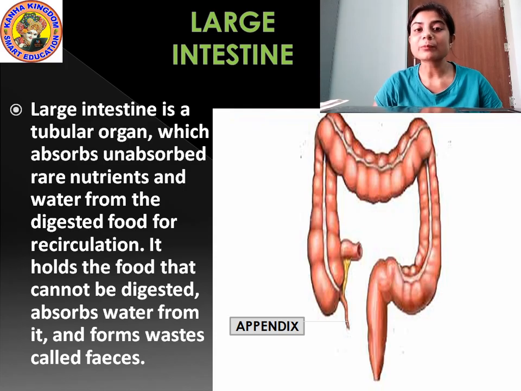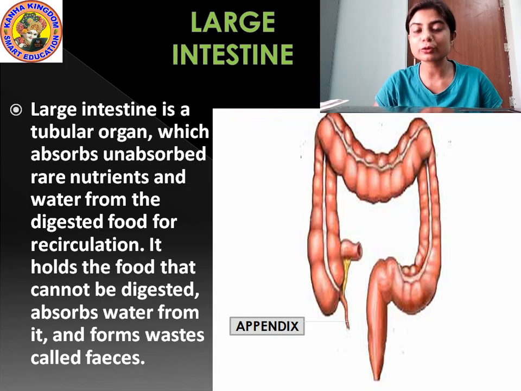From the small intestine, the part of the food that is digested and the nutrients that are absorbed are carried by the blood to the body. Yes or no? All the nutrients are carried by the blood to the body.